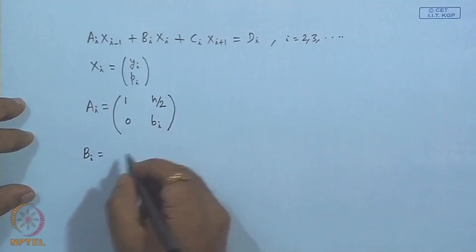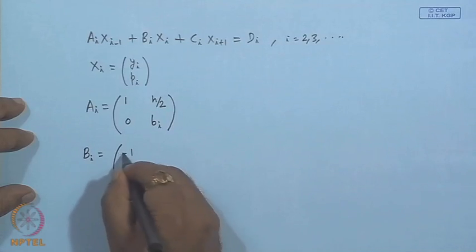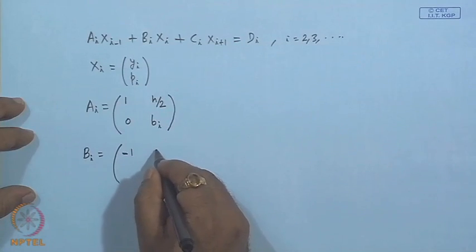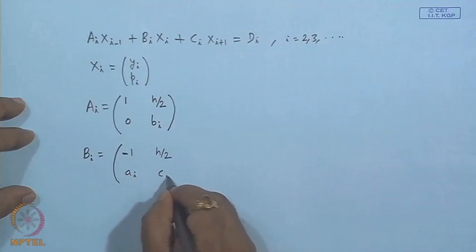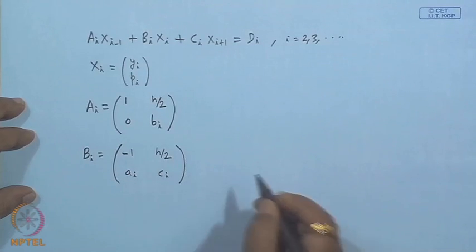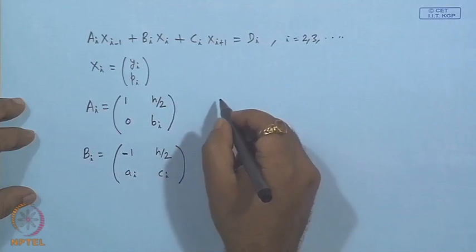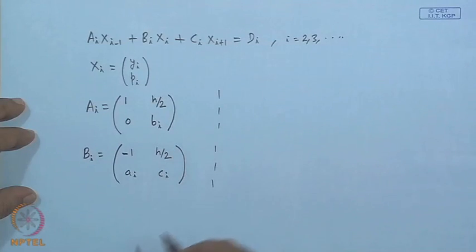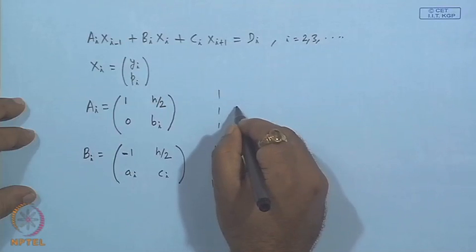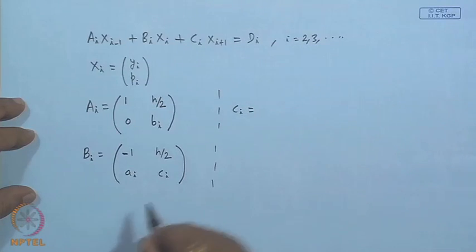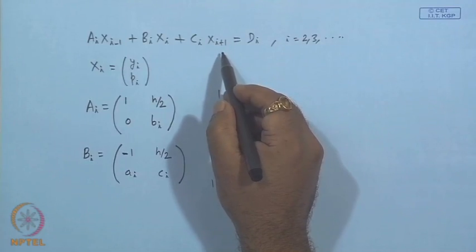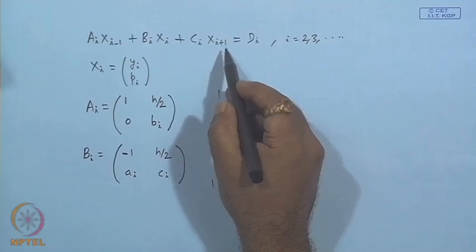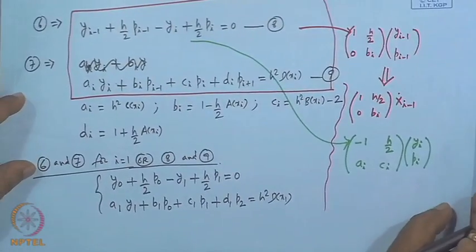So, B i must be minus 1. Okay. Then C i, okay, x i plus 1, x i plus 1, look at that.